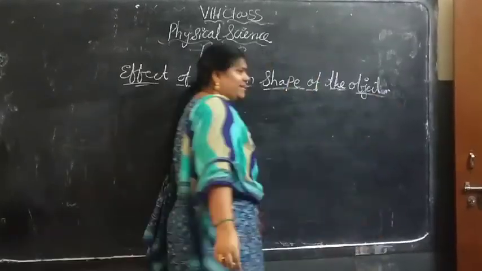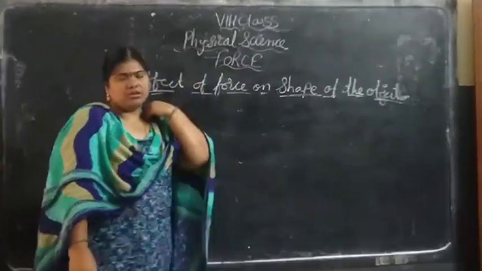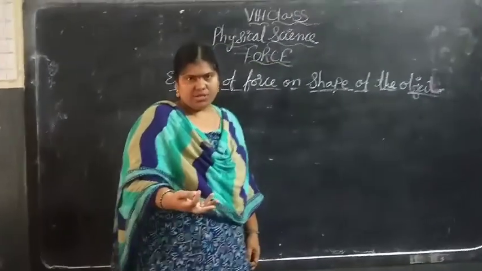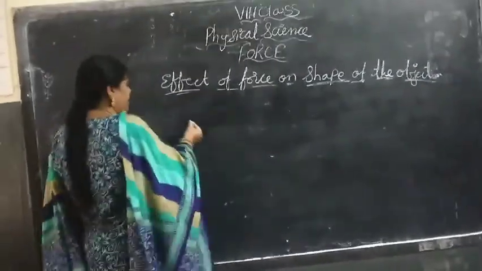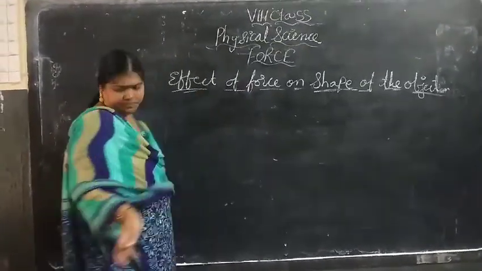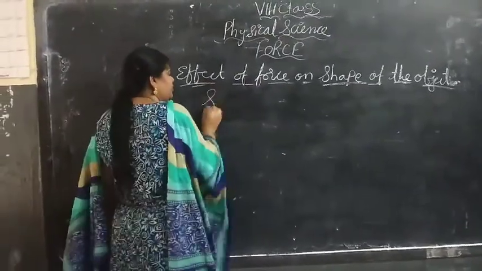So you can see here, when we are applying force on the object, what will happen to the shape of the object? So first one, if I am taking a rubber band, stretching a rubber band.